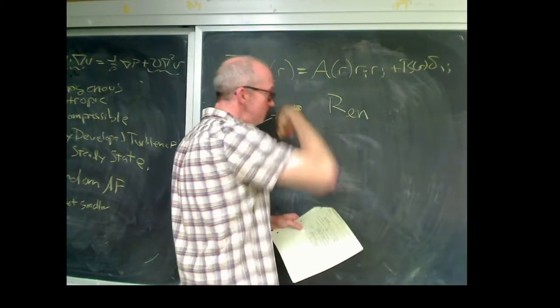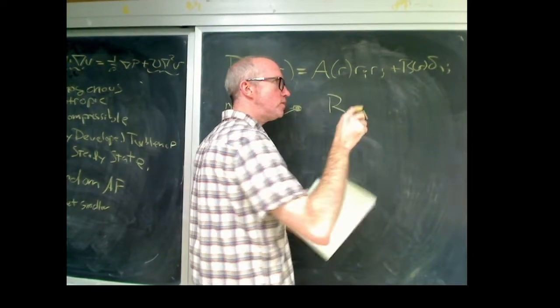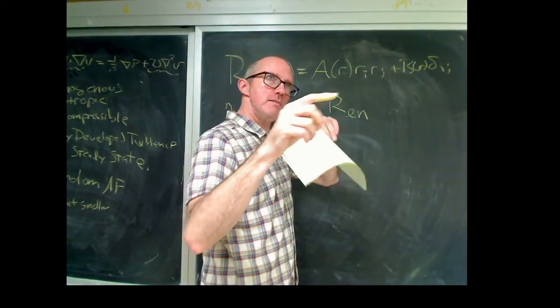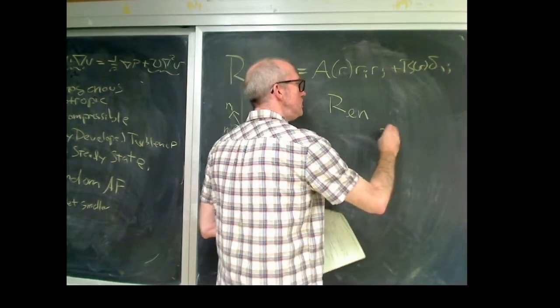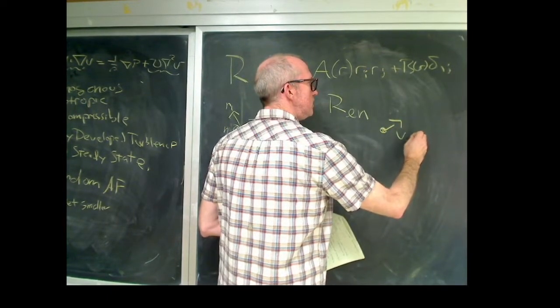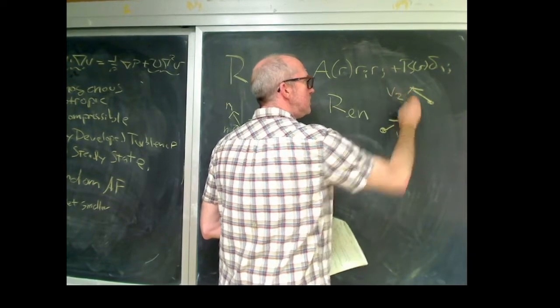So R L N means I want the correlation between 2 points, between the velocity, one velocity pointing at the other point and the other velocity tangential. So here's point 1, this is V1, and here's point 2, this is V2.